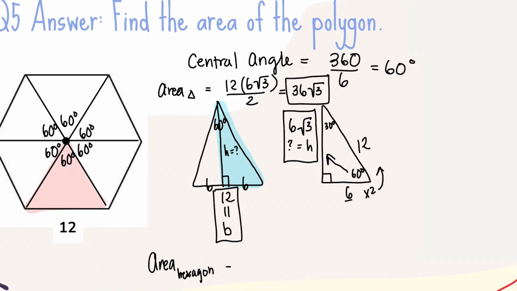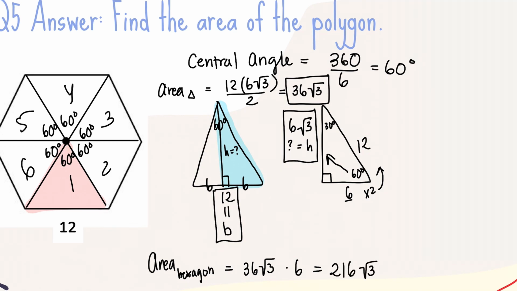That's the area of my triangle. And I know that I have 6 triangles in total: 1, 2, 3, 4, 5, 6. So I'm going to do 36 square root of 3 times 6, which gives me 216 square root of 3. There's no units on here, so I'm going to put units squared, and that's my final answer.